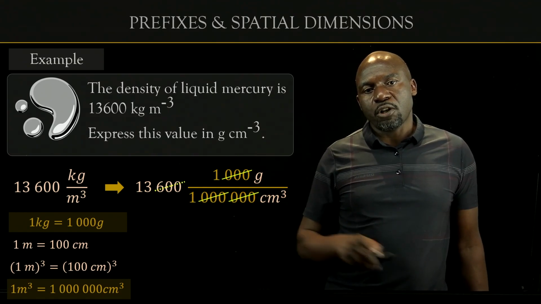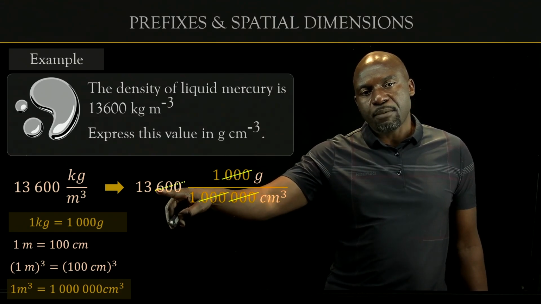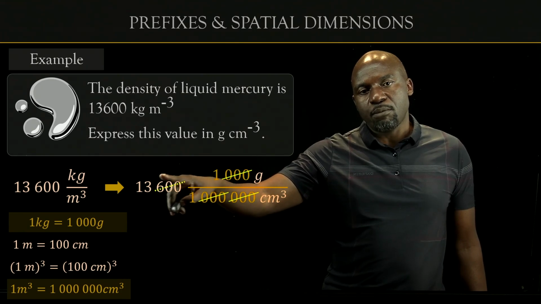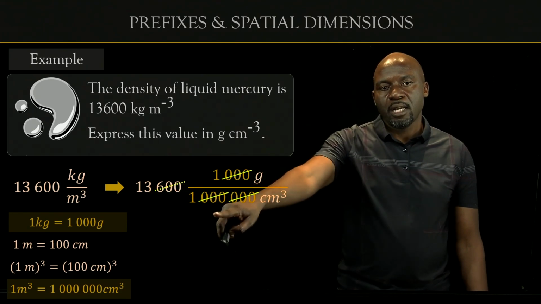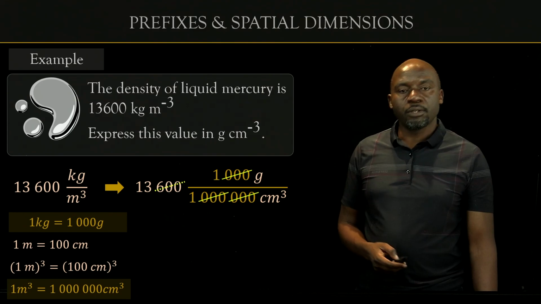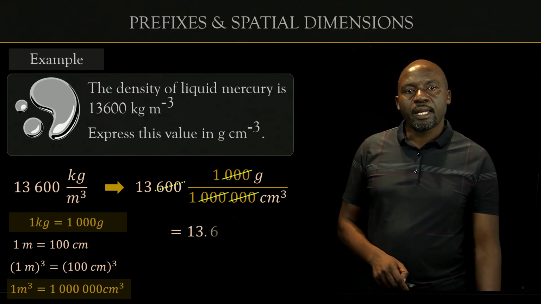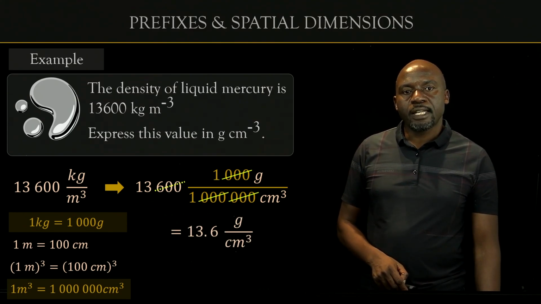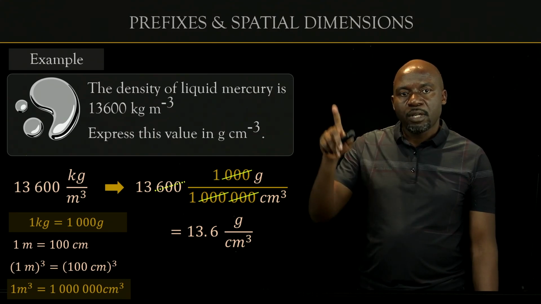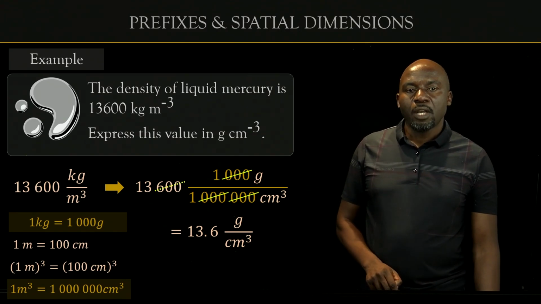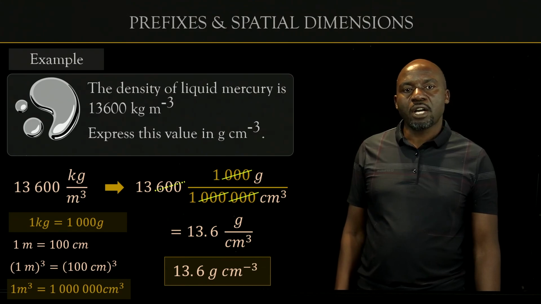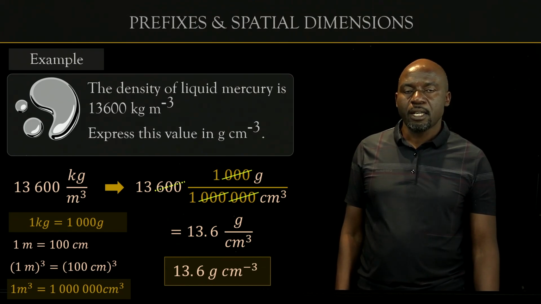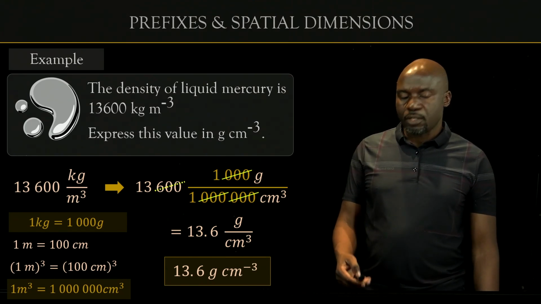So I'm using dotted line there to imply that I'm moving the 0 backwards 3 decimal places because I've cancelled those 3 zeros. And I will end up with 13.6 grams at the top and centimeter cubed at the bottom, which we write as 13.6 grams per centimeter cubed, like that. And that's how you answer this question.